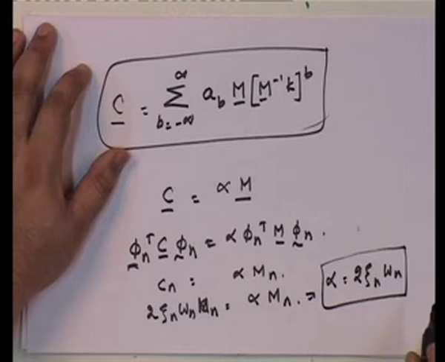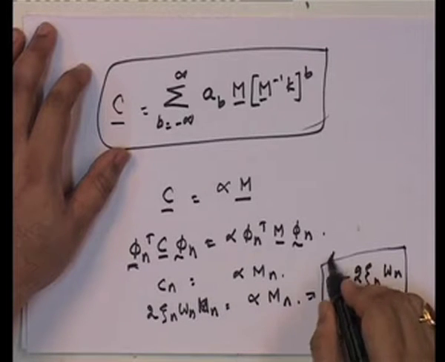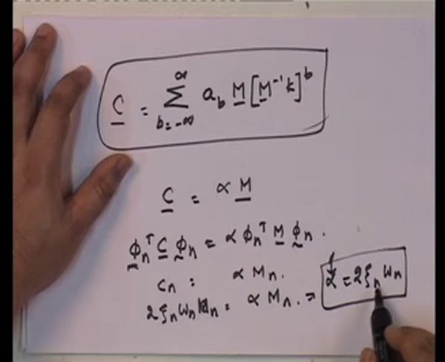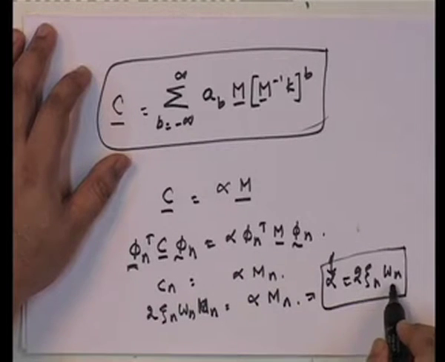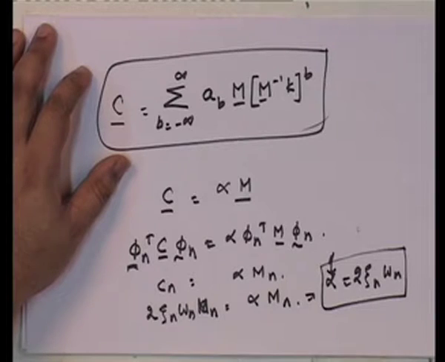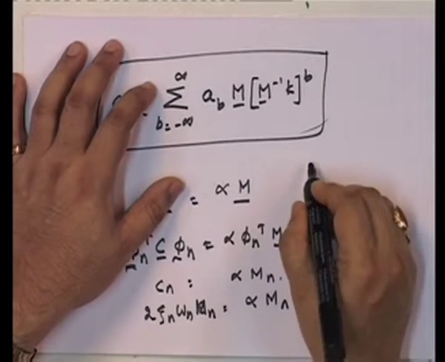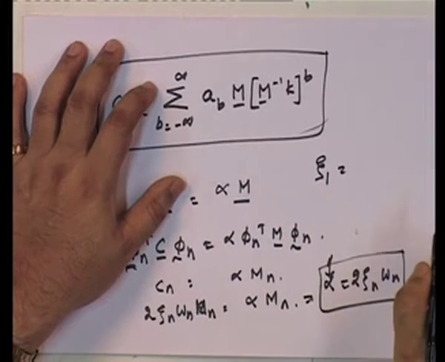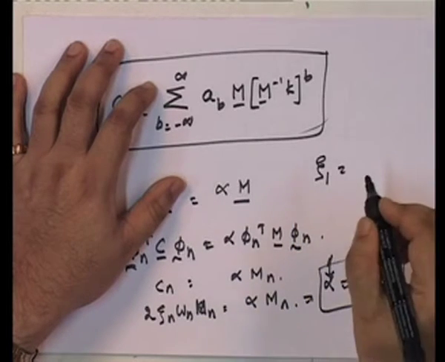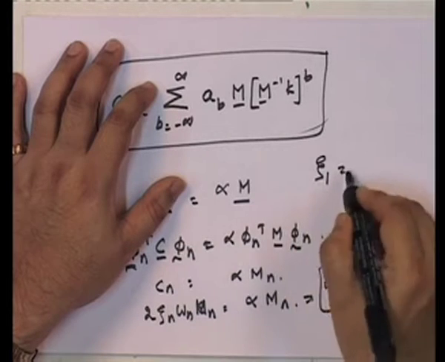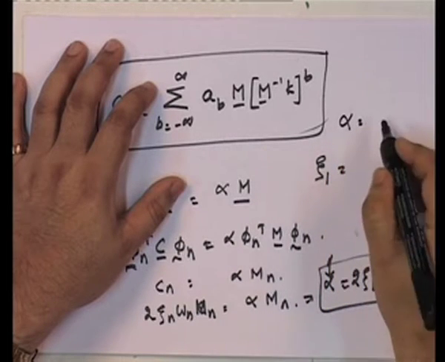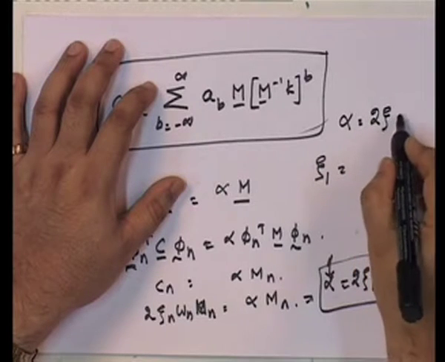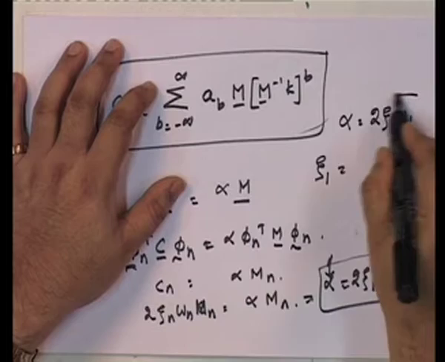Note something very interesting, and that is that there is only one alpha. So, there is only one mode for which it will be valid, and so therefore, I could say that alpha is equal to 2 xi omega 1.